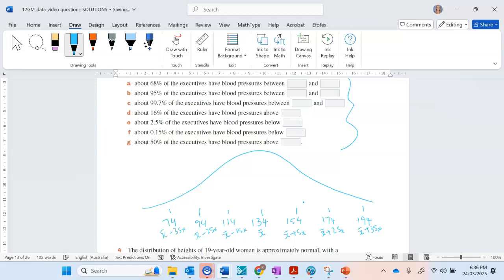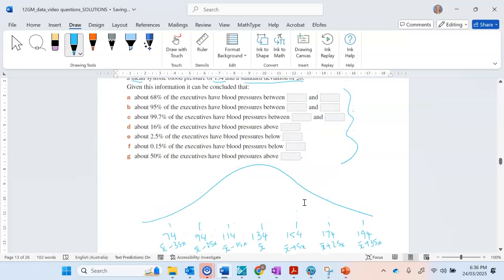You don't have to write what I've just written underneath, because if you do enough questions, you should just know that. It's a lot of time writing that.